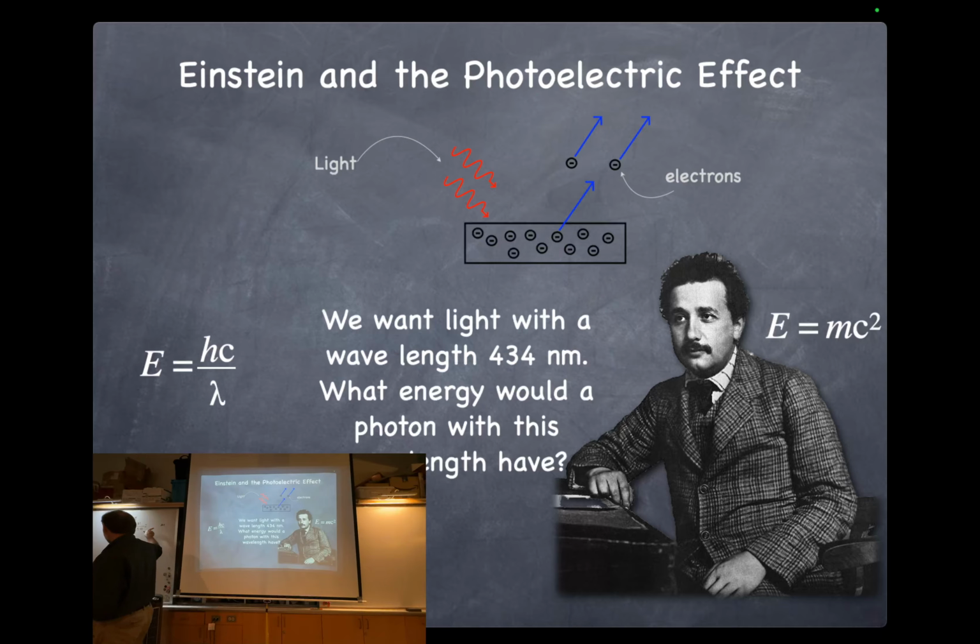We are trying to figure out the wavelength in meters first. We're doing a conversion, converting nanometers to meters. So 4.34 times 10 to the negative 7.